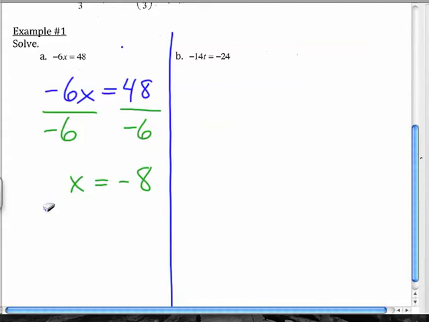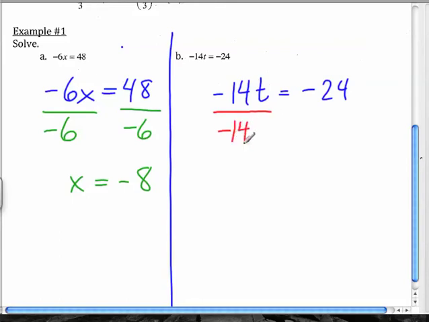All right? So let's look at this other one now. This one says negative 14t is equal to negative 24. All right? Help me with this one, Liam. How do I get rid of that negative 14 that's next to the t? I'm going to divide by negative 14 because the variable is being multiplied by negative 14.